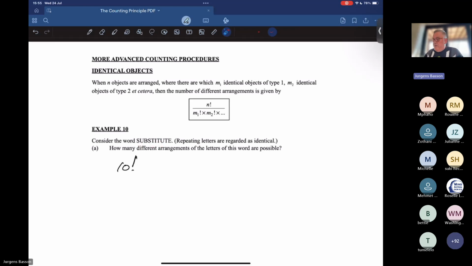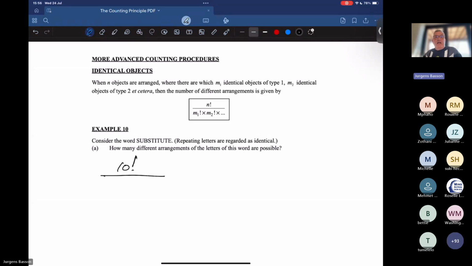So within this 10 factorial number of arrangements, some of those arrangements are the same, and we must remove them. And we do it by division. So we are going to divide. And the question is, what do we divide with? We divide with those letters that are there more than once.